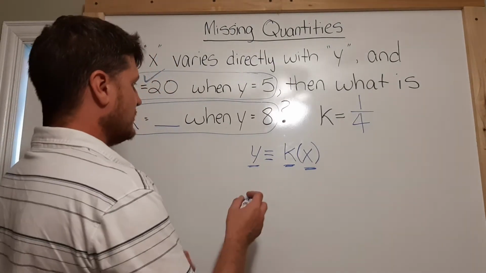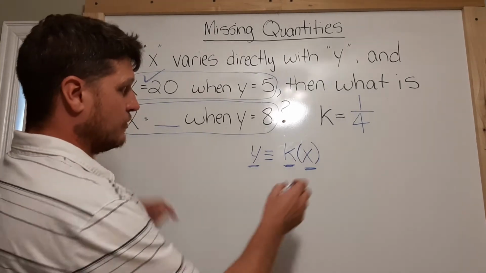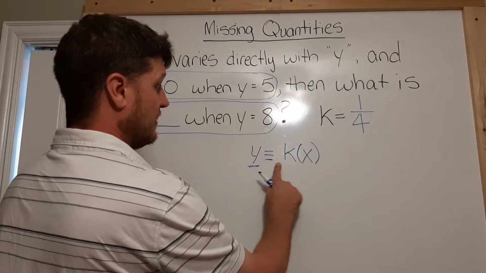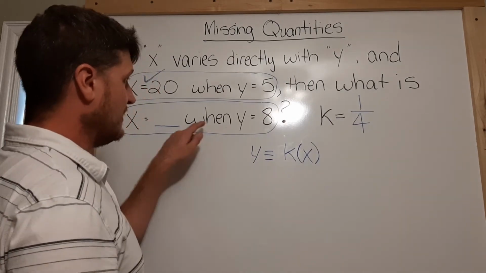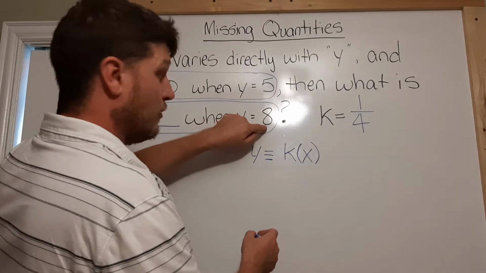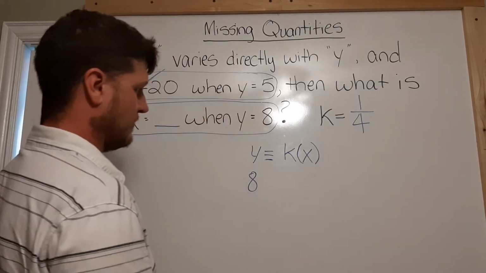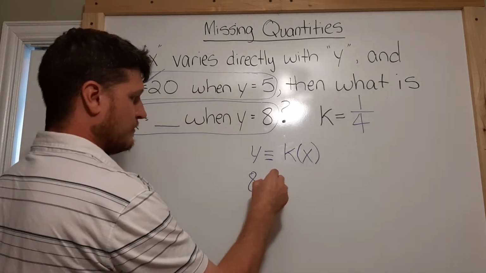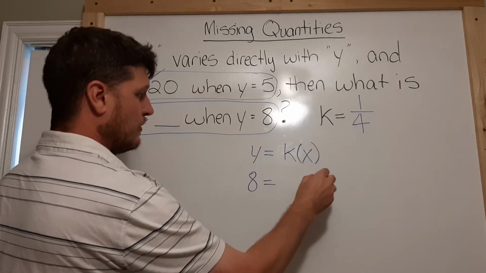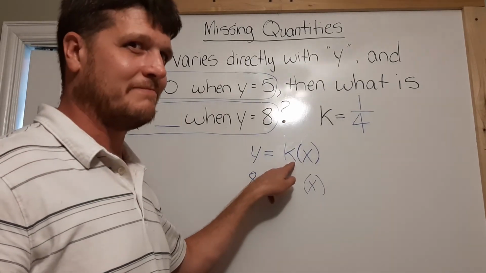Now, let's go ahead. Do we know what x is? No, we do not. So we're going to leave x the way it is, all right? And then it says y equals 8. Well, we know what y is, so we're going to plug in our lovely y equals 8, and leave our equal sign there. We don't know what x equals, but we know what k equals now.